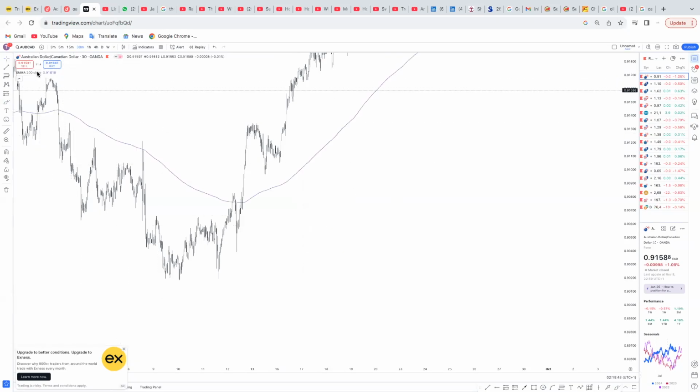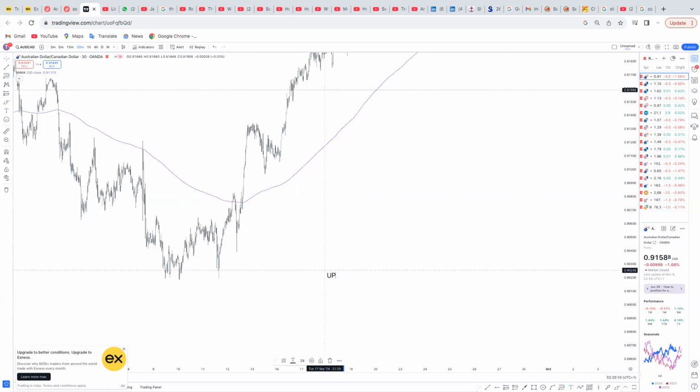Voila. So for our uptrend, like I said before, our price is going to be above our moving average. So let me mark that out so you guys can see.